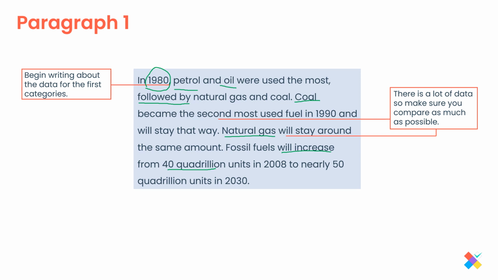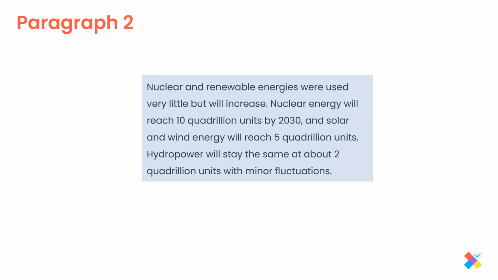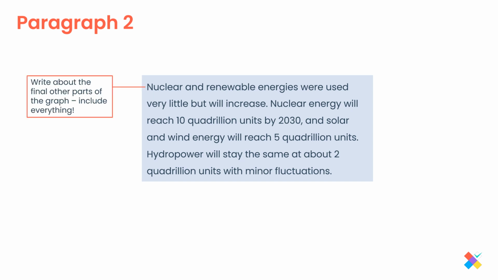So here in the first paragraph, the candidate has written about the first three categories. So normally in the second paragraph, we'll talk about the other ones, nuclear and renewable energies, the ones which are at the bottom and they're pretty much similar.